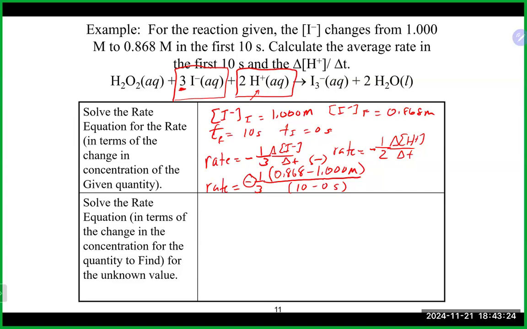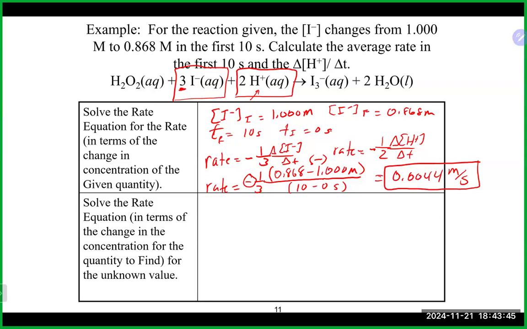So we'll go 0.868 minus 1 divided by 10, also divided by 3 to take into account the stoichiometry here. And we will end up with an average rate of 0.0044. The units here are molarity over seconds, and that would be our average rate for this reaction.